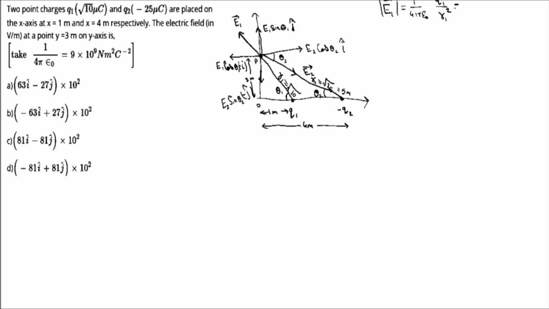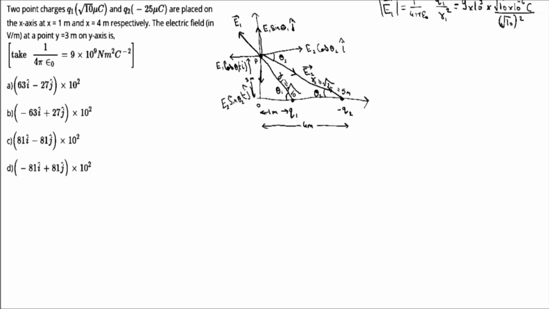So on putting the values, we have 9 into 10 to the power 9, as the value of 1 upon 4 pi epsilon naught, into Q1, which is under root 10 into micro coulomb, divided by R square, which is under root 10 whole square.